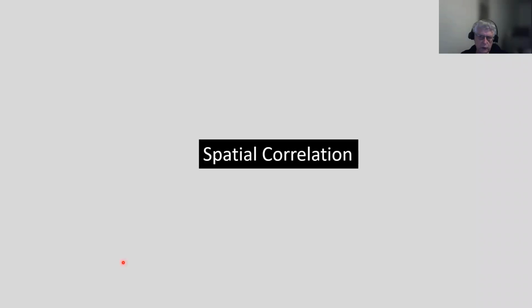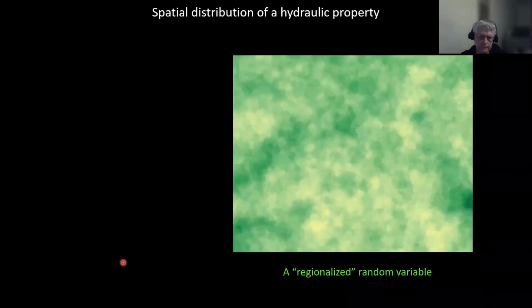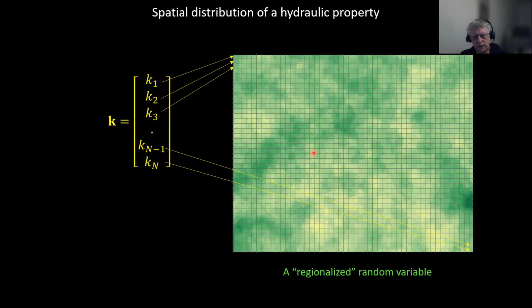Just want to say a few words now about spatial correlation before we finish up. Now I'm getting close to where I can apply this. So let's talk about a model domain. And let's say this is a map of the spatial variability of hydraulic properties, say hydraulic conductivity. Now, if I'm going to use this in a model, I'm going to draw a grid over it.